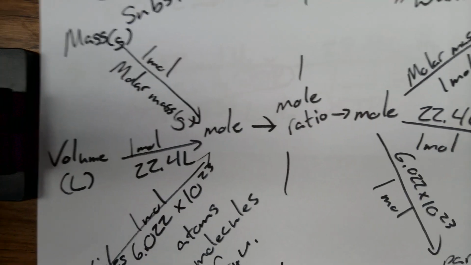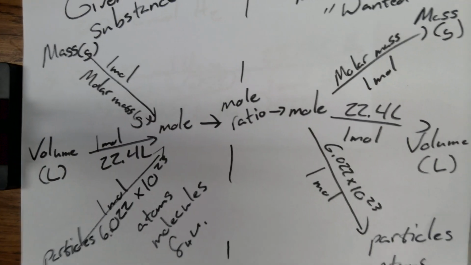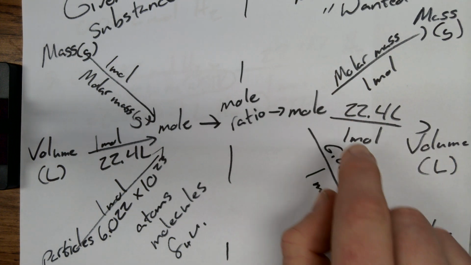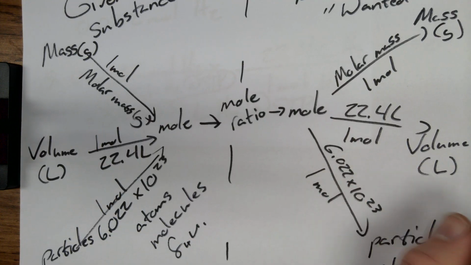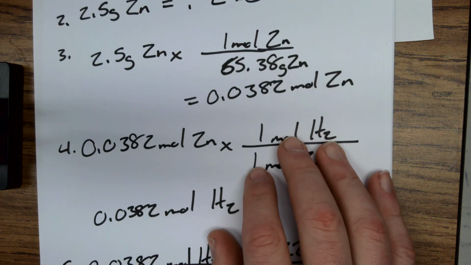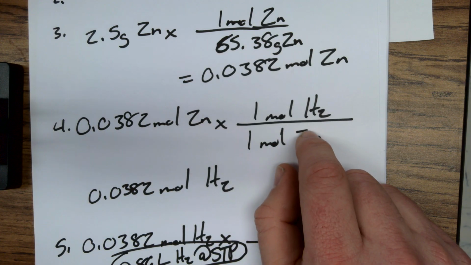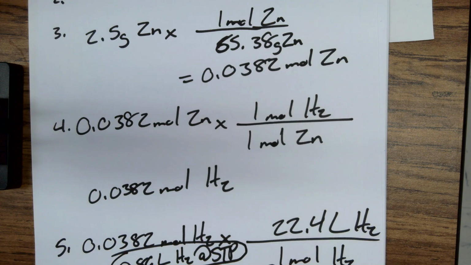I then had one more step where I'd convert my moles to volume. 22.4 liters over 1 mole. Every time that I multiplied against the quality fraction, whatever I started off with always ended in my denominator. Whatever I wanted was always in my numerator. Just back and forth, back and forth.